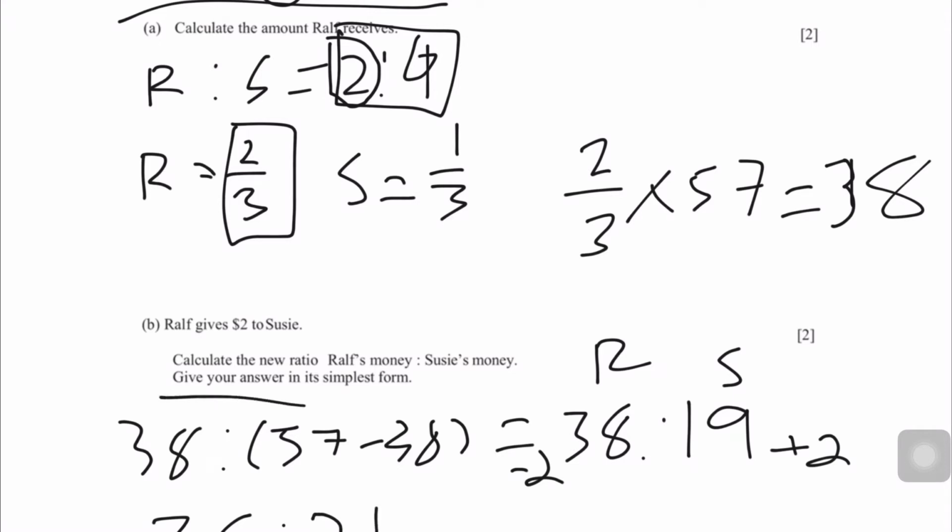And since it's asking for the simplest form, all we have to do is find the least common factor, which in this case is 3. So we divide both sides by 3, and we get 12 to 7. And that will be the final answer. We'll just box that.